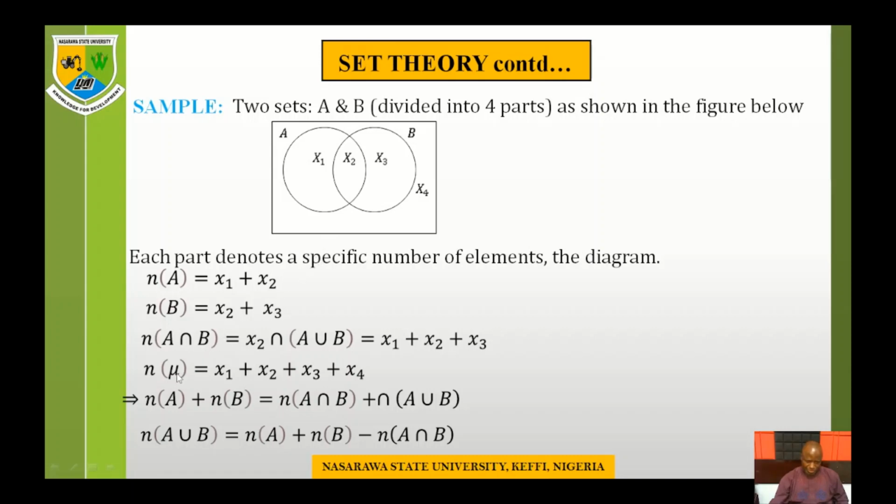And the number of the universal set, the whole of this, is X1, X2, X3, X4, everything inclusive. These are all members of the universal set. This implies that number of A plus number of B is equal to number of A intersection B plus number of A union B.